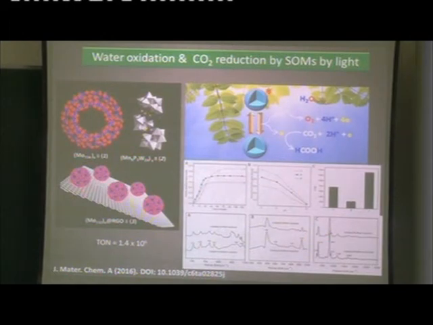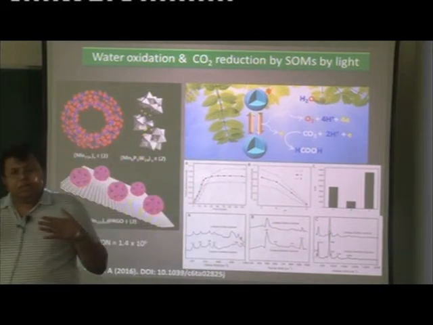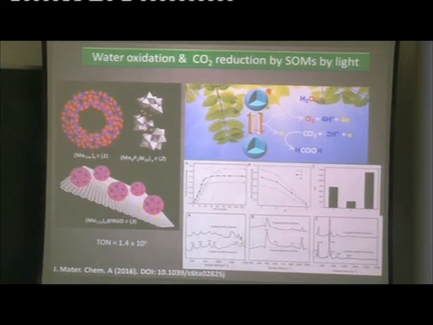Now this is work that has been done by Shubho, Shontu, and my former postdoc, Balaraju, who is now in Hyderabad. This showed us that it is indeed possible to reduce carbon dioxide into formic acid at the cost of oxidation of water to oxygen.